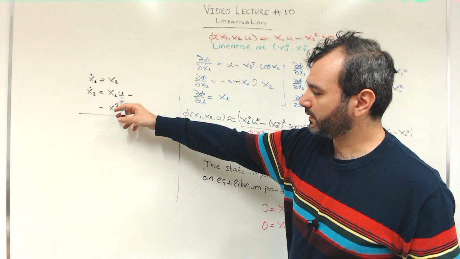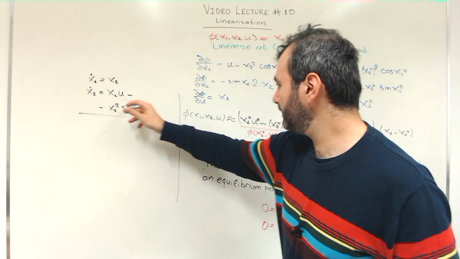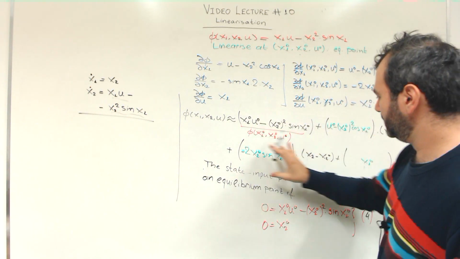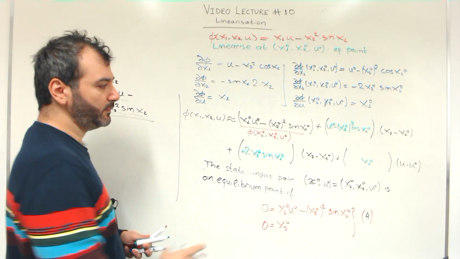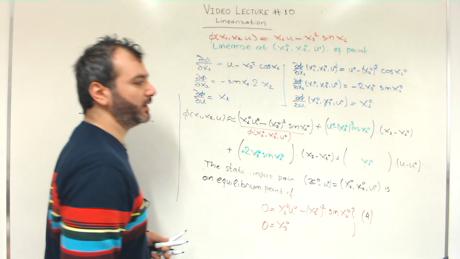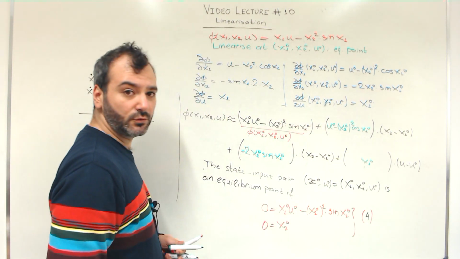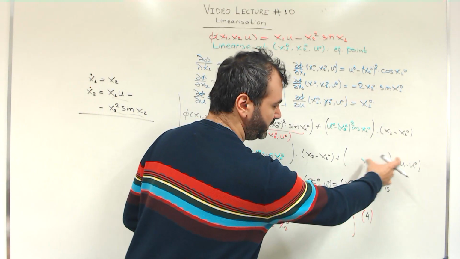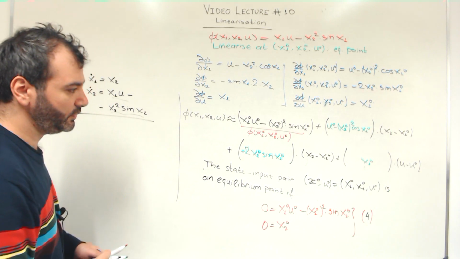And then the second one is nonlinear, and I can replace this whole thing with this expression, which looks lengthy, but it is rather simple because it is a number plus a number times x1 minus x10 plus another number times x2 minus x20 plus a third number times u minus u0. And I will leave the following to you as an exercise.